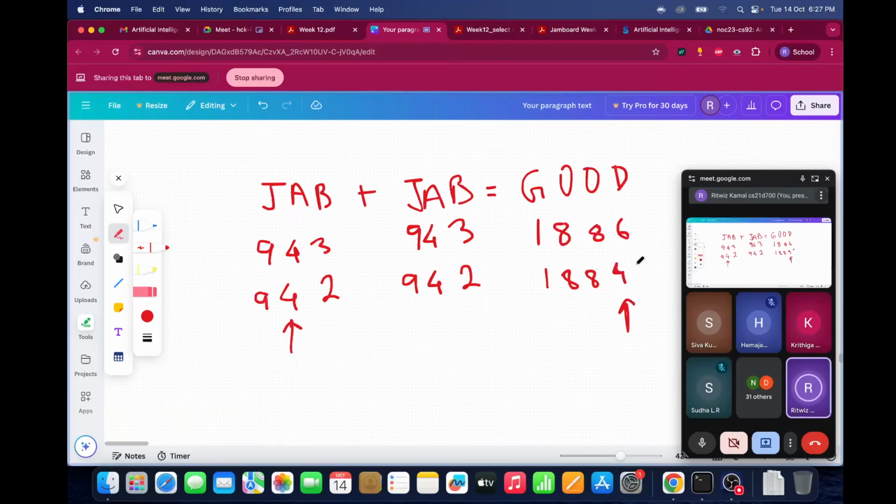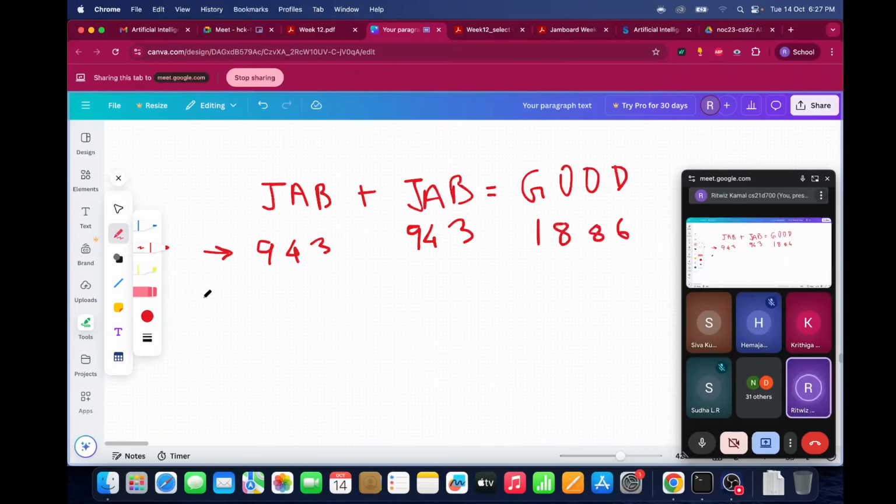So this is also not valid. Correct? Okay, so it turns out that actually there is no other combination in the 900 series that will give us a valid solution. Okay, you can verify that later.